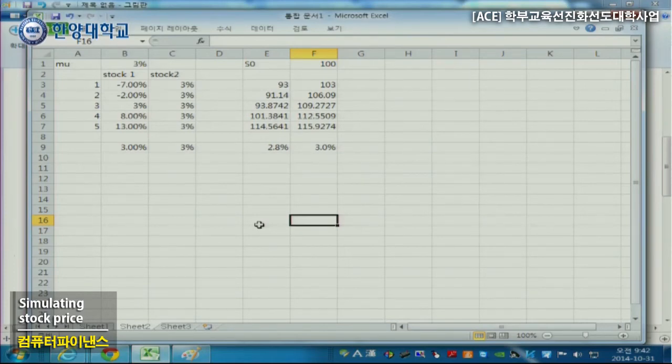This term doesn't matter. So I am interested in the expectation of this one. Expectation of this one, and then we are comparing this one versus 1 plus actually expected return.